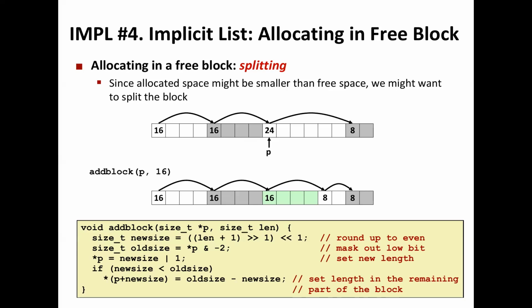Okay, so how do we split? So we have this P location, right? And then we want to have size. So size in our case is 16 bytes. So first of all, we want to round up to even size. So recall that we are using the lowest bit, so we have to throw away the lowest bit.